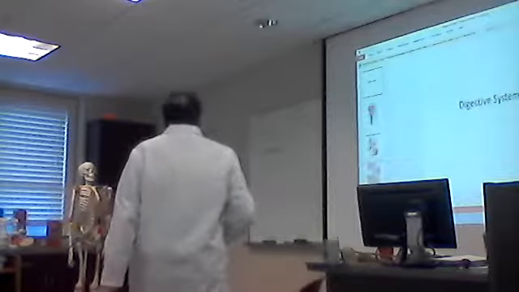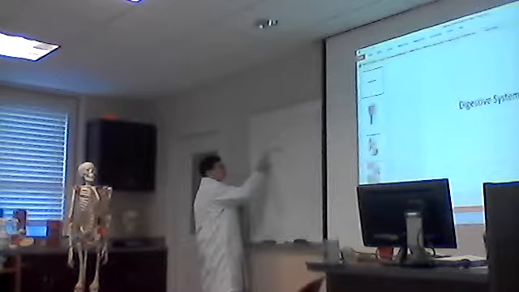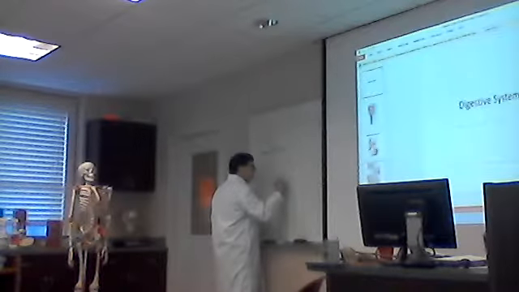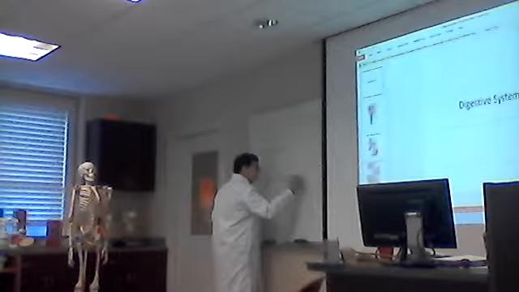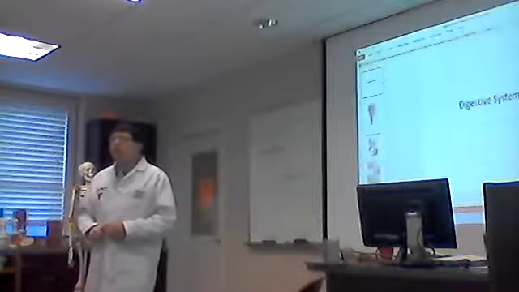Whereas hyperglycemia is going to stimulate release of insulin, hypoglycemia is going to stimulate the alpha cells in the islets to release glucagon.